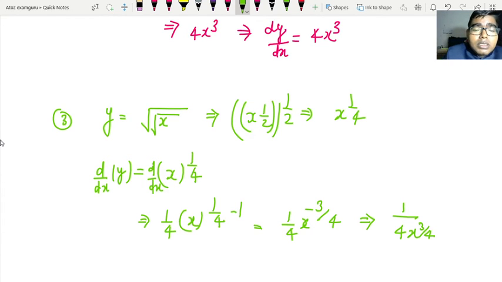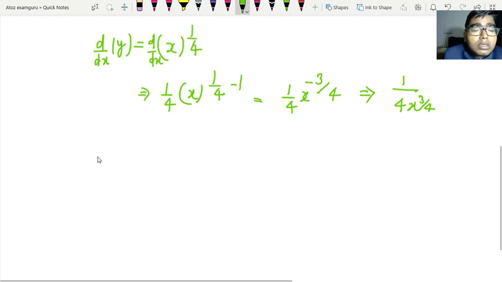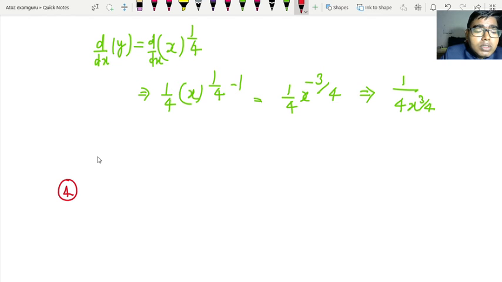It may contain some other forms. Simply suppose y equal to the fifth root of x, and you have to differentiate.